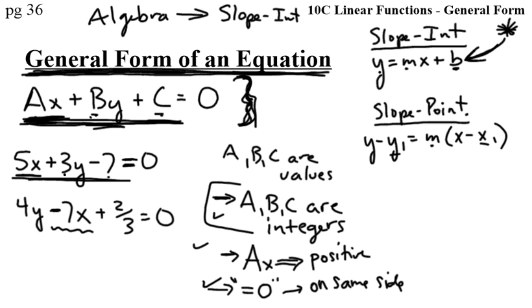If I wrote this with the Ax out front, it would be negative 7x plus 4y plus 2/3 equal to 0. So as soon as I see that that's negative, it is not general form. The fact that our constant is a fraction tells us it is not general form.